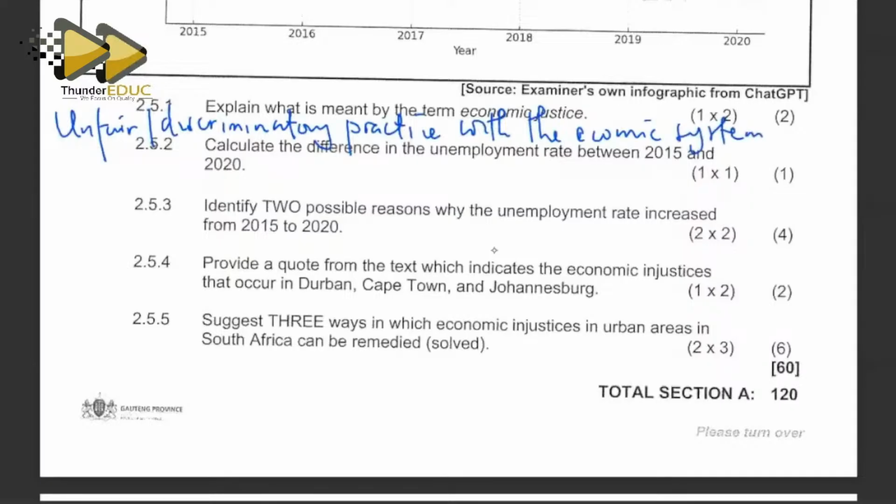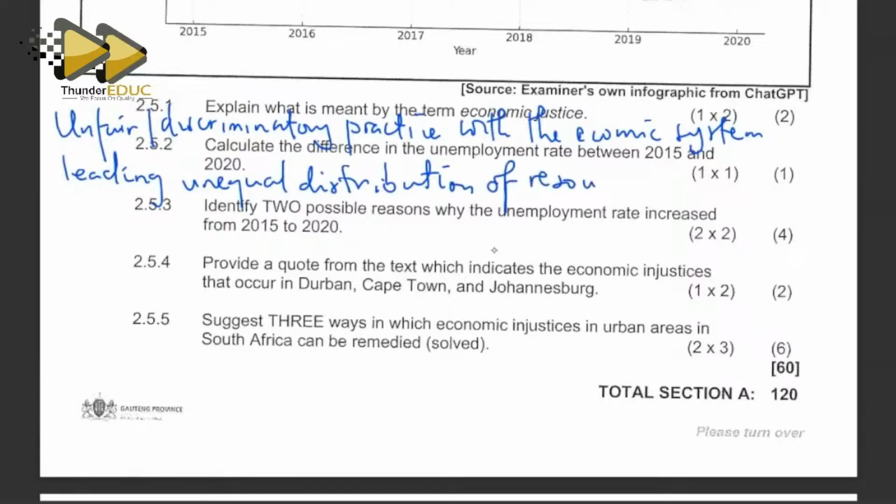And what does it lead to? Leading to unequal distribution of resources.